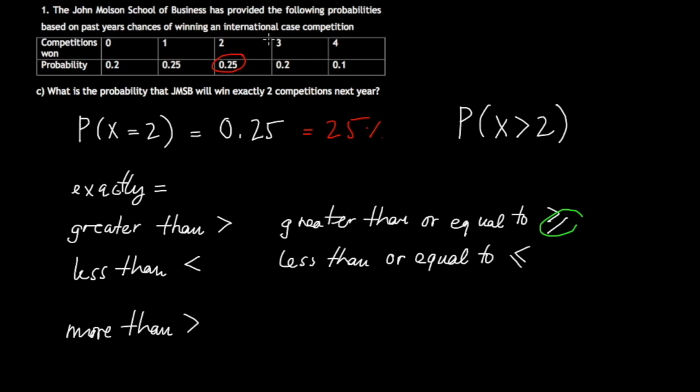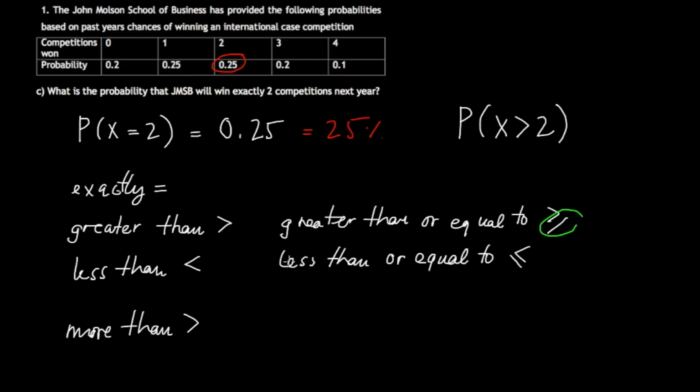And so when we plot it out in our table, it does not include the probability of 2, okay? It starts at 3. 2 is not included here. It's not more than or equal to 2, it's more than 2. So we have to skip the 2 in our table and start counting from the 3. Okay, so that's why it's very important to distinguish between these different signs.